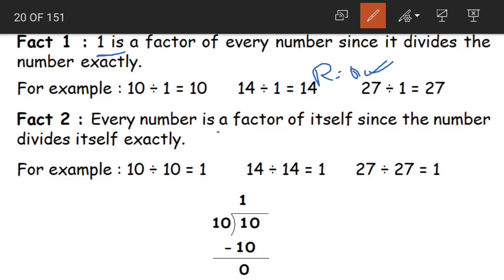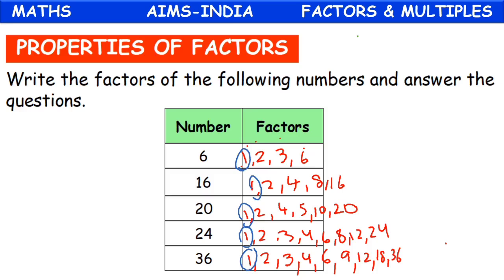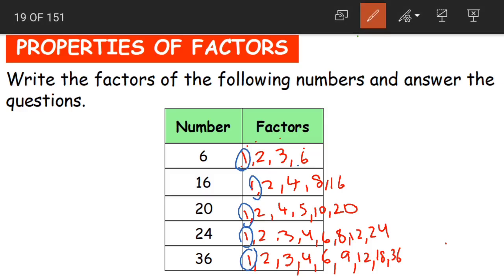Next, fact 2. Every number is a factor of itself since the number divides itself exactly. Again, if you observe here, we have 6 is a factor of 6, 16 is a factor of 16, 20 is a factor of 20, 24 is a factor of 24 and 36 is a factor of 36. So what are the common things that we learned? 1 will be a factor of every number and every number will also be a factor of itself.